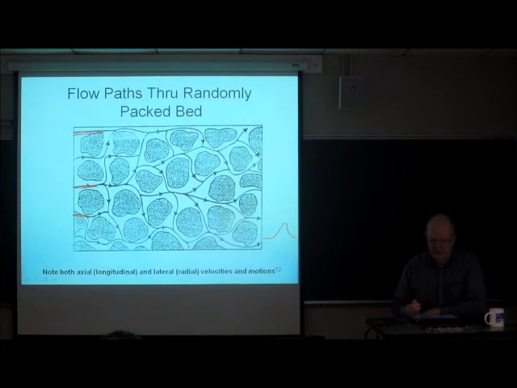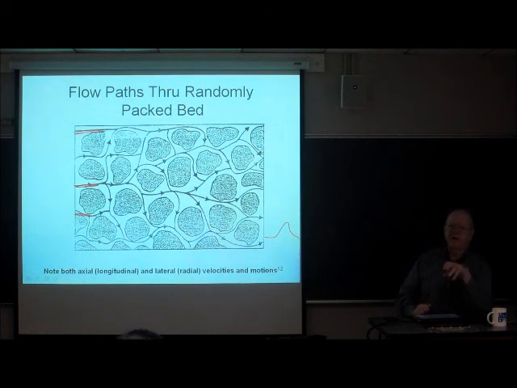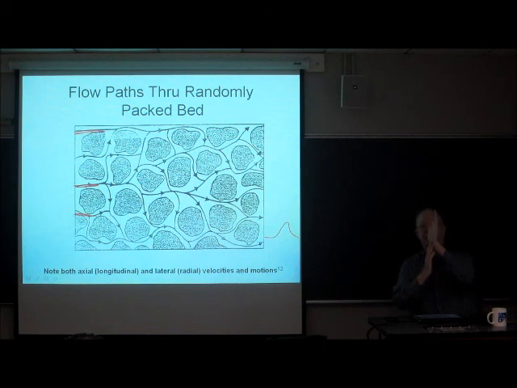That's what eddy dispersion is about, of the zone as it moves down the column, because the axial velocity is not the same everywhere in the column. If it were, the molecules would move through the column lockstep, and there wouldn't be any broadening.